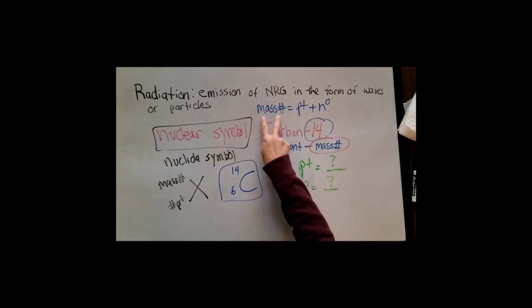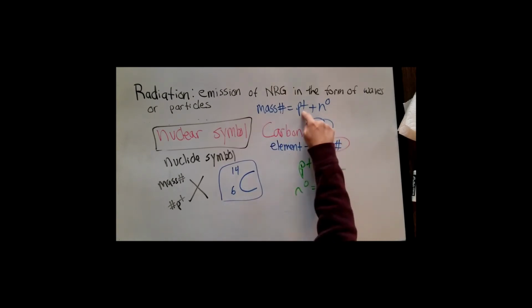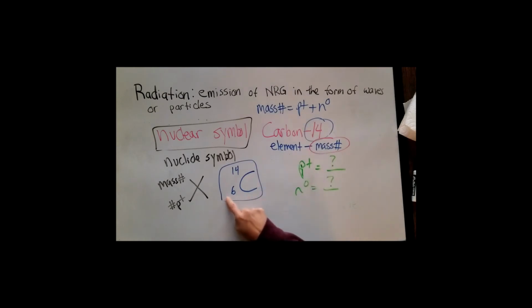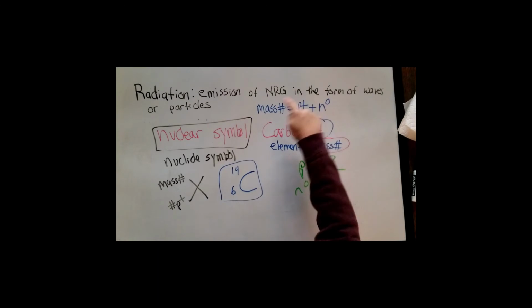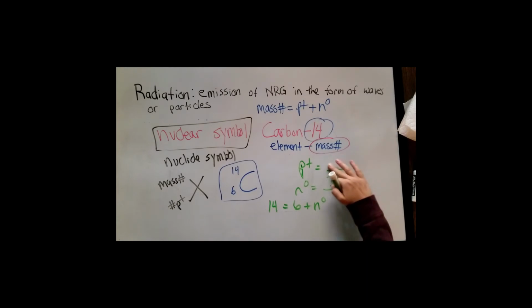So we know the mass number. It's 14. We know the number of protons. It's the same as the atomic number. It's 6. So using this equation, we have a mass number of 14. We know the protons are 6, and what we're looking for is the neutrons. We erase that question mark and put a 6 there.